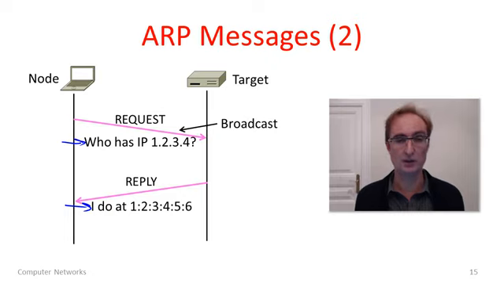It's essentially asking the question, who has IP address 1234? That will go everywhere, including to the node with IP address 1234. That node will send a reply saying, I do. I'm the one who has that IP address at my particular link address, and it's this thing here. So the node who's asking can then have the mapping between them, and it now knows the destination Ethernet address to use. So it can fill in the frame, send it, and we're happy.